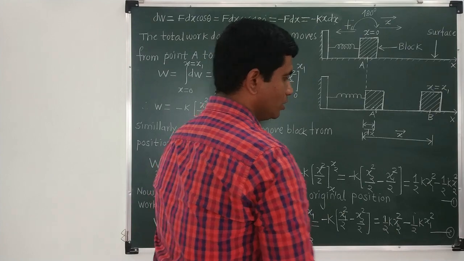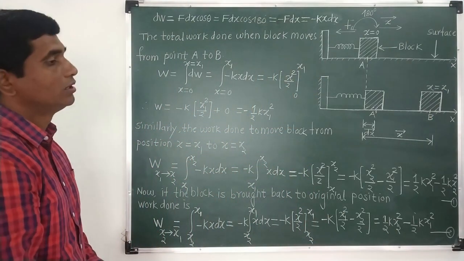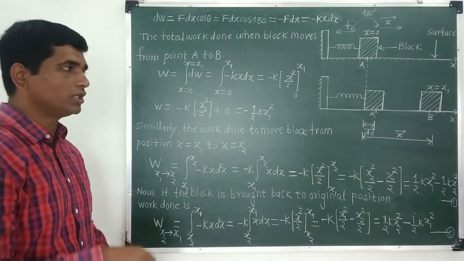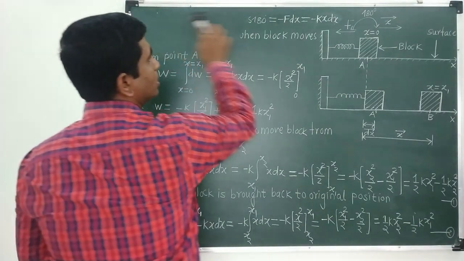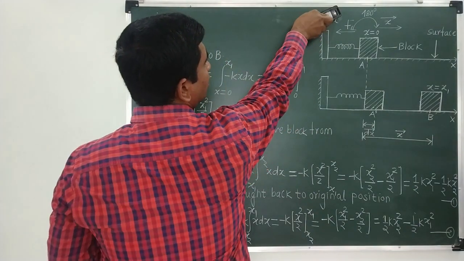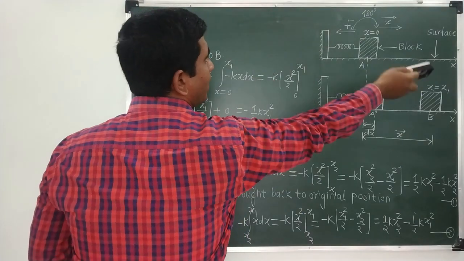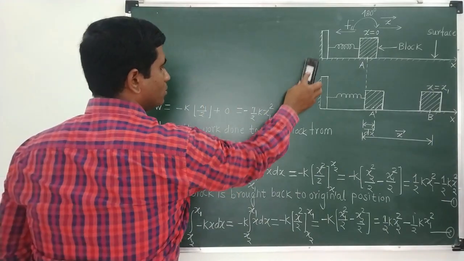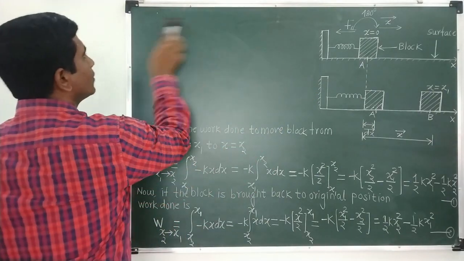Now we have to consider the work done around the trip. Work done around the trip means we bring back the block again to the original position.